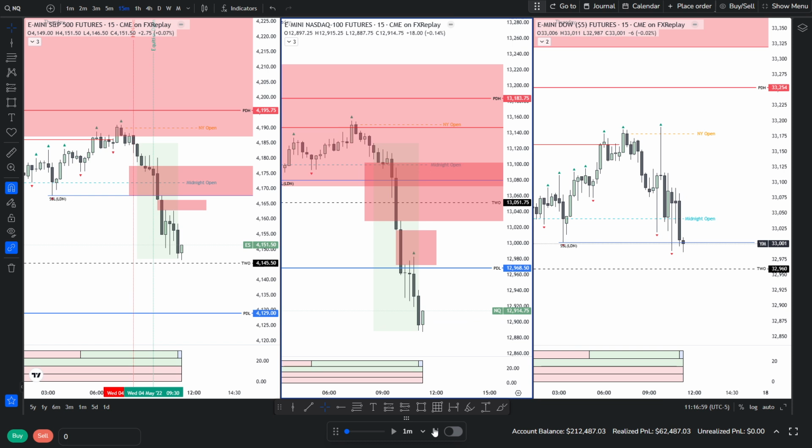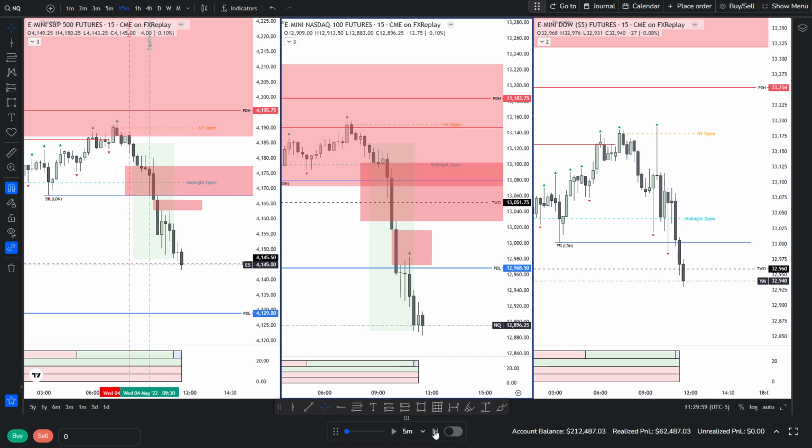But whilst NQ is, let's go back out to a 5 minute. So what we're seeing here is there's never an up close candle purging a down close, so that's supporting the idea of lower prices here.